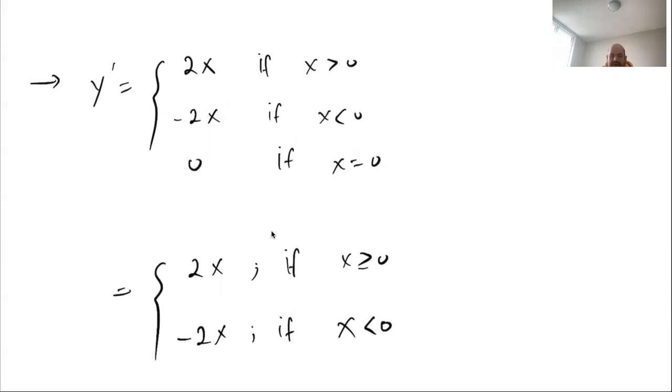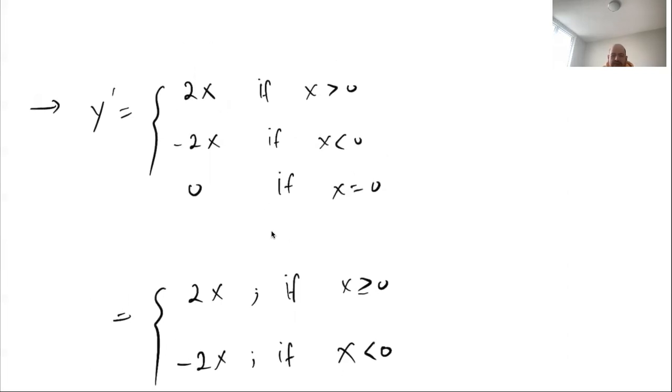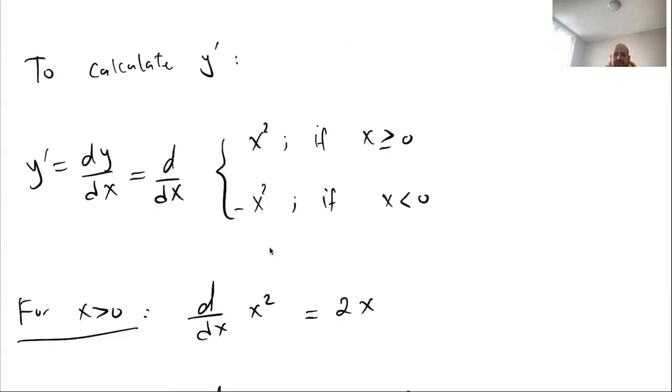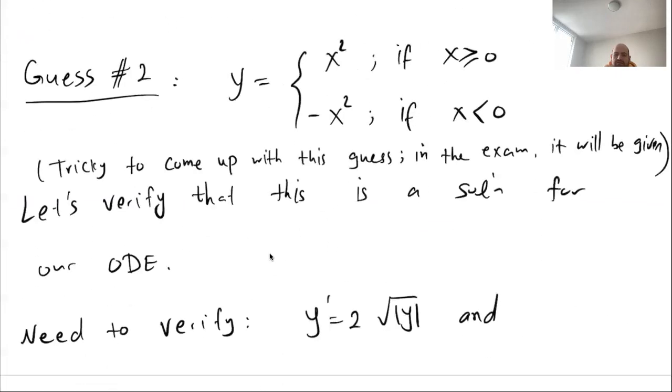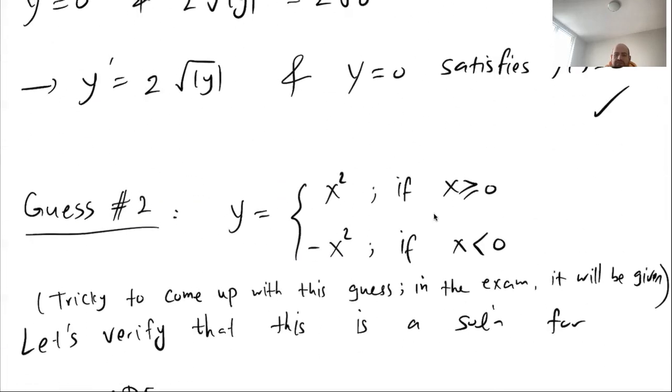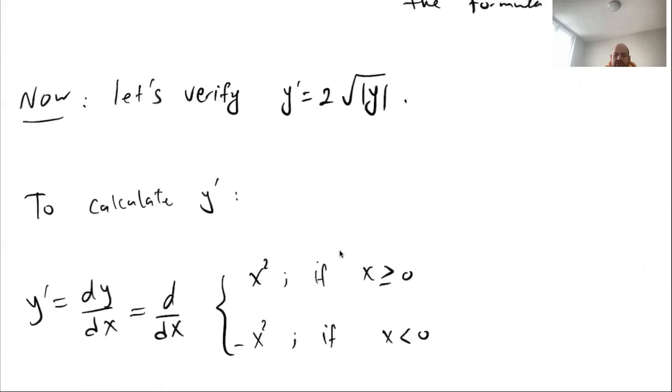So our final answer is the same as the answer of the students making the mistake, saying that, well, the formula for y, for x bigger than or equal to 0, is x squared, so the derivative is 2x. For x less than 0 it is minus x squared, so the derivative is minus 2x.